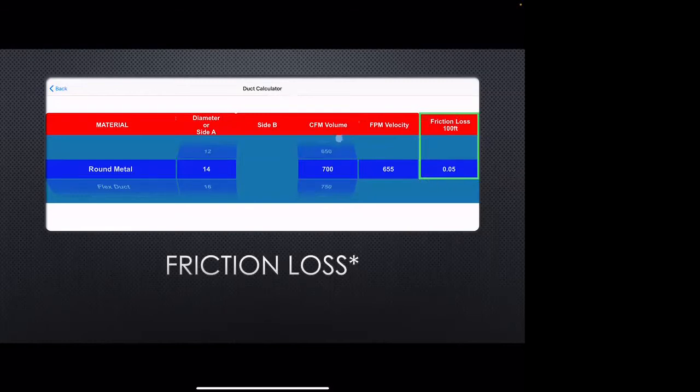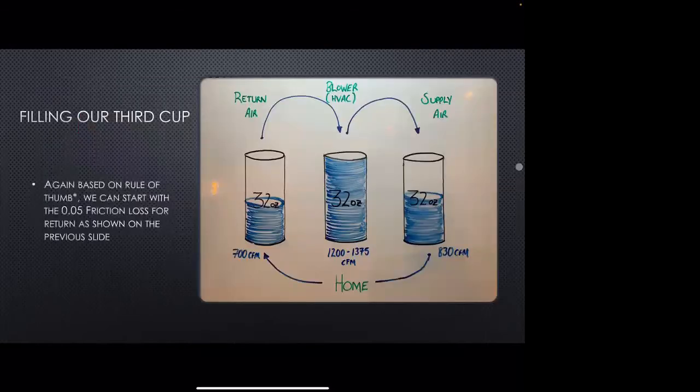Slide your CFM until you get to that 0.05, and you can see we're at 700. Again, based on that rule of thumb, we can start with that 0.05 friction loss for return. Therefore, the return ductwork can handle about 700 CFM of airflow.